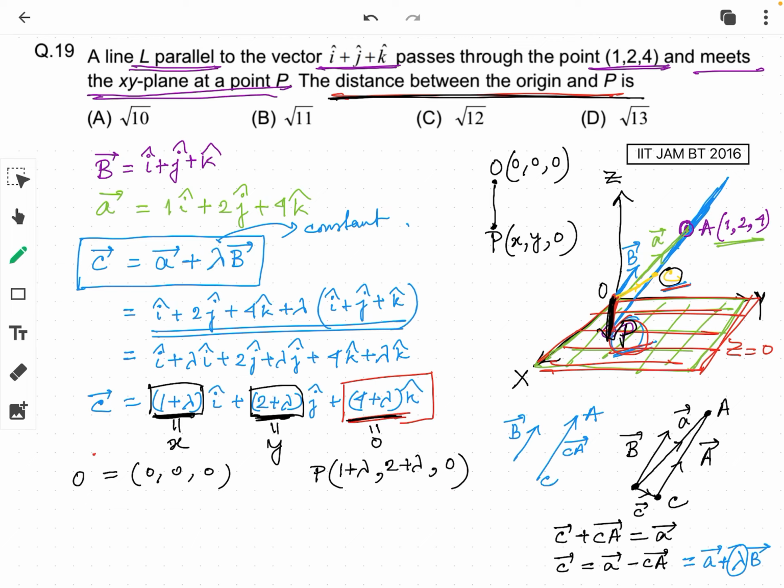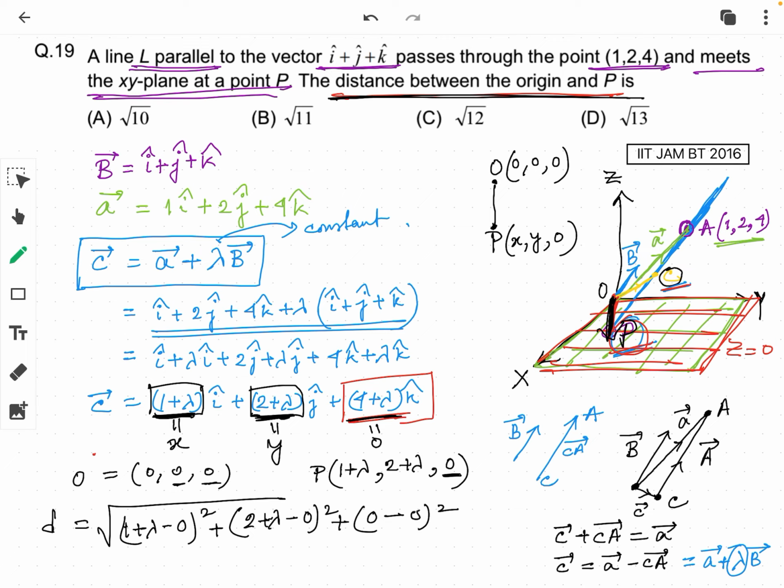So we need to find the distance between O and P. What is the formula for that? d equals root over (x coordinate of P, that is 1 plus lambda, minus x coordinate of O, that is 0) square, plus (y coordinate of P, that is 2 plus lambda, minus 0) square, plus (z coordinate of P, that is 0, minus 0) square.